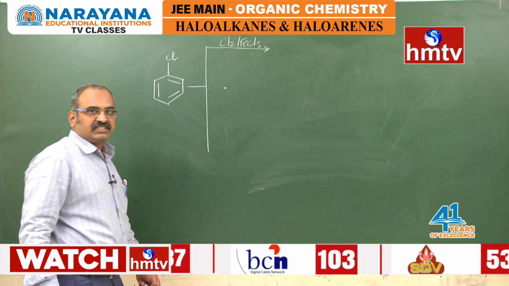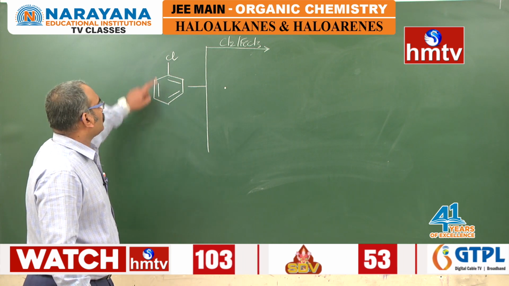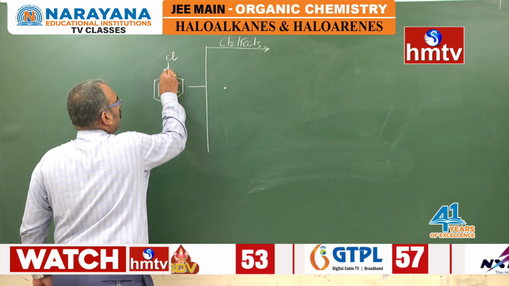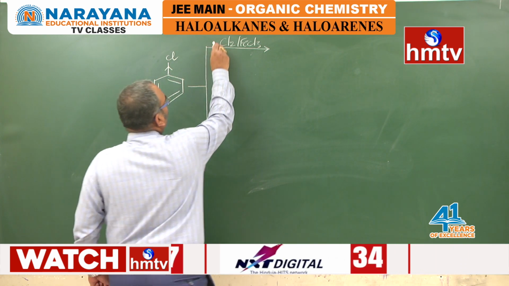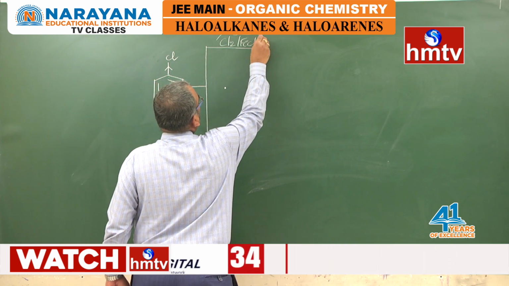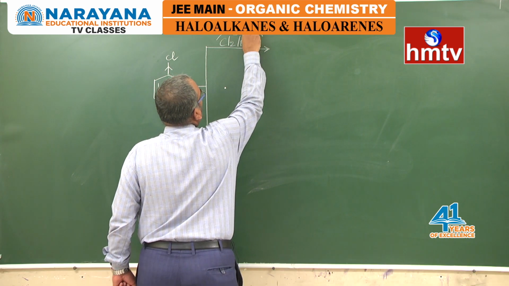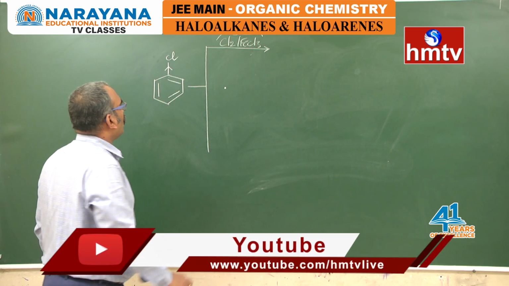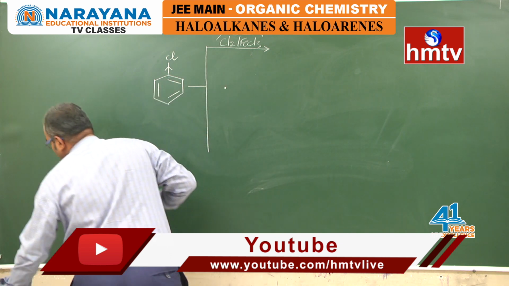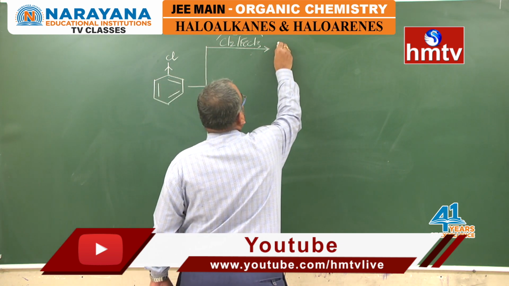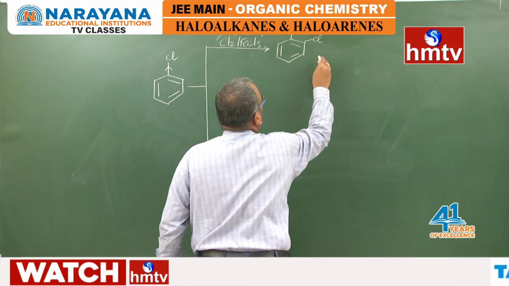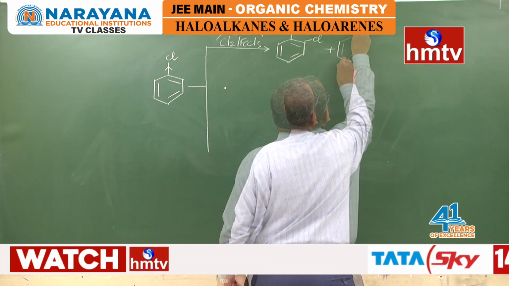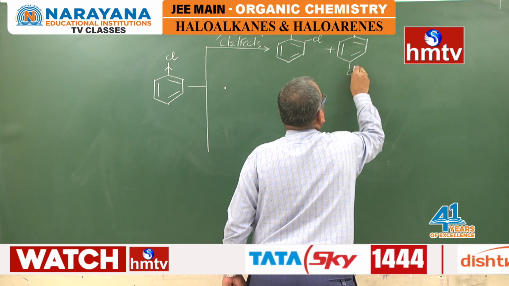It requires more drastic conditions than benzene because chlorine is a minus I group. It is deactivating the benzene ring towards electrophilic substitution. These two will provide you chloronium ion. That chloronium ion will go and attack either the ortho position or para position to give ortho dichlorobenzene and para dichlorobenzene.